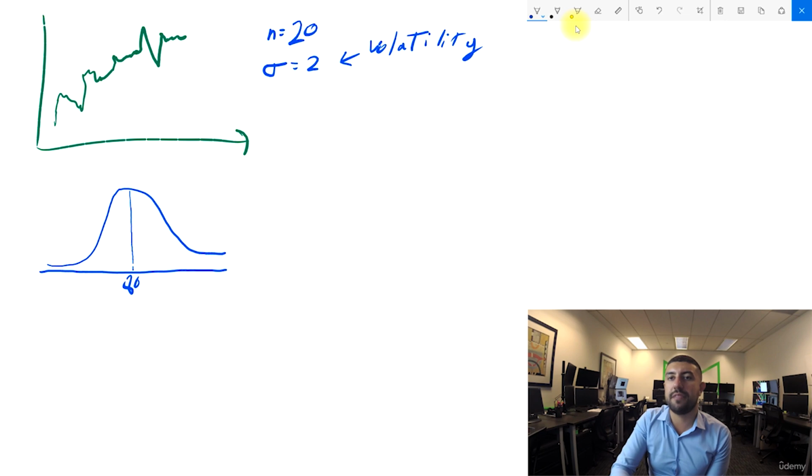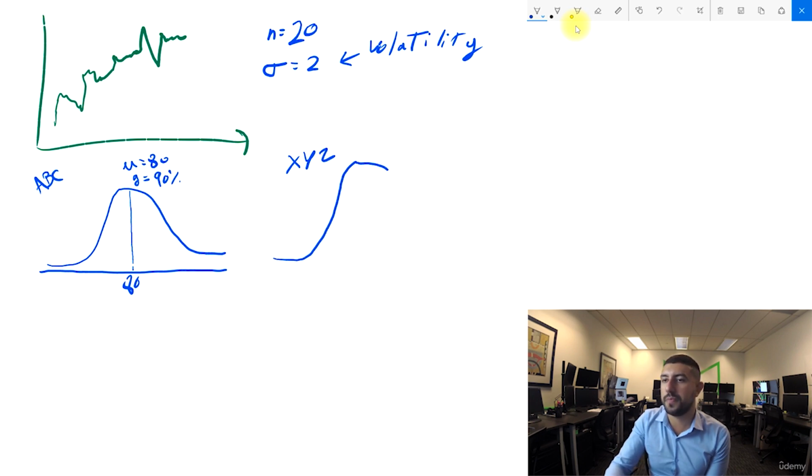So here the average is 80, and your grade, G, is 90%. Then I have another class, ABC and class XYZ. It's the same class, same teacher, just two different groups.